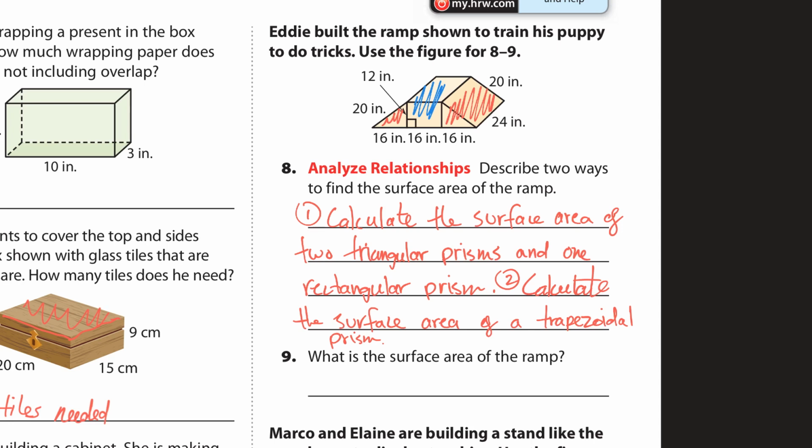So instead, you could take the area of this trapezoid and double that, and then treat it as the perimeter of the base times the height of the prism plus 2 times the base area. This is a formula where your perimeter is that trapezoid base. Anyway, now let's take the surface area of the ramp.